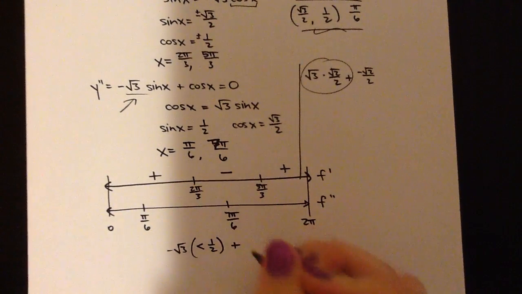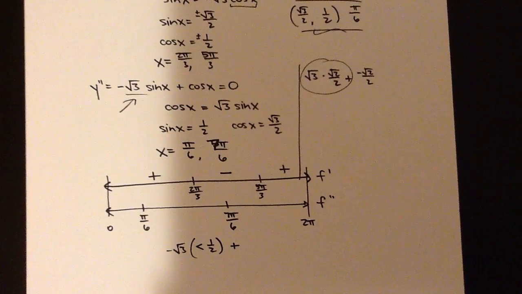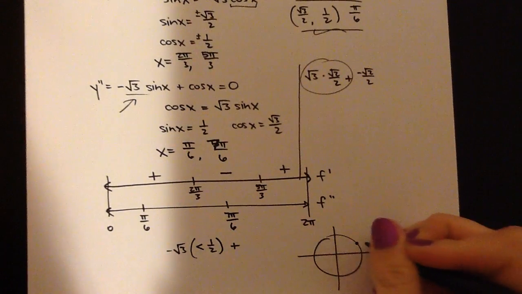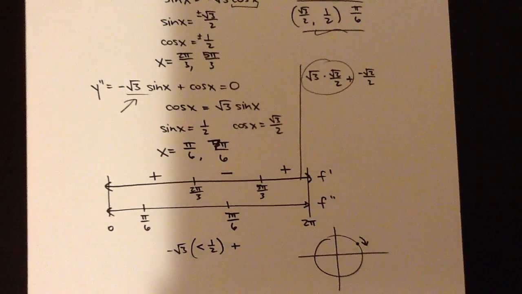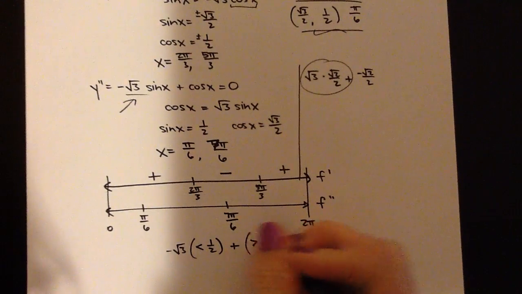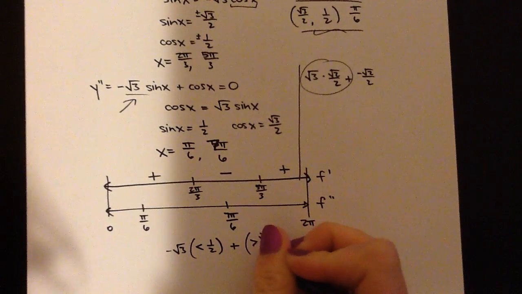And then plus cosine, picture my unit circle. If I'm headed from pi over 6 back down this way, my y value gets smaller, my x value actually extends out a little bit. So the cosine of pi over 6 is root 3 over 2, but this is going to be something bigger than root 3 over 2.